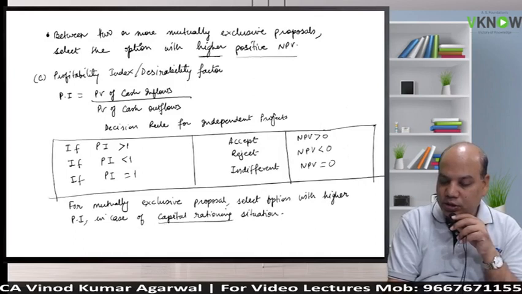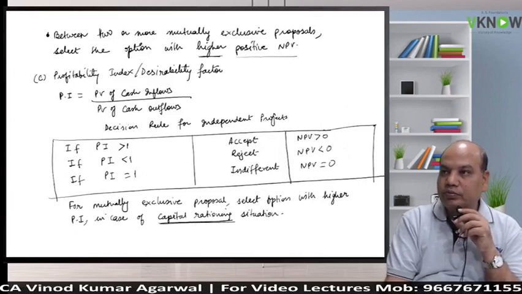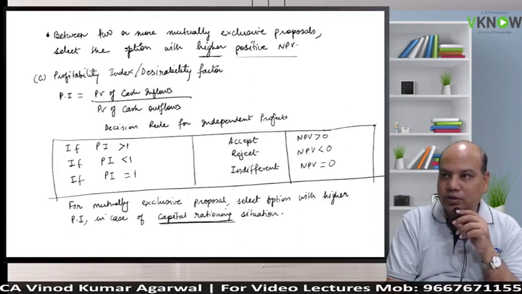Capital rationing means resources are limited. So when you have limited resources, you will go with the option which has the highest profitability index. Highest profitability index brings more inflow for every 1 rupee invested.